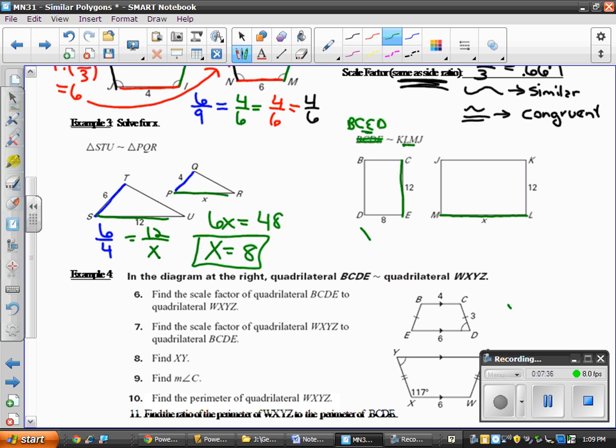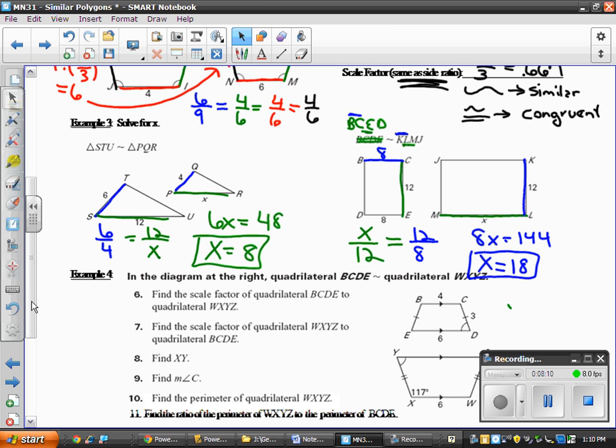So I'm going to say x is to 12 as, and this is where we have KL, which is 12, and KL is right here. So that's going to correspond to BC. We don't really have BC, but since we have a rectangle here, this is going to be a length of 8. And you can cross multiply and solve it. So you have 8x equals 144, divide out by 8, and you have x is equal to 18.